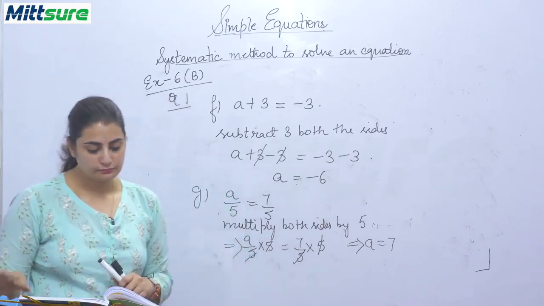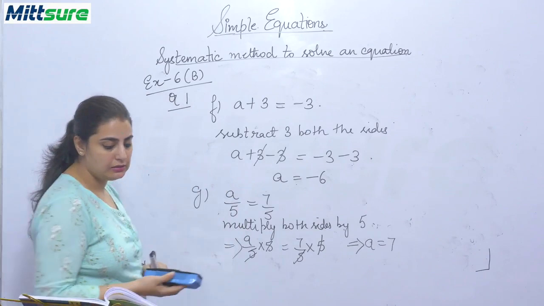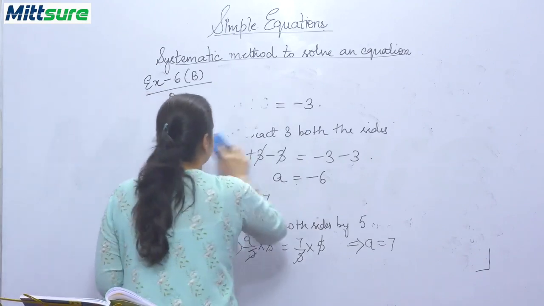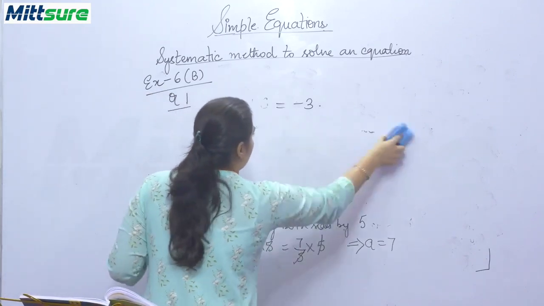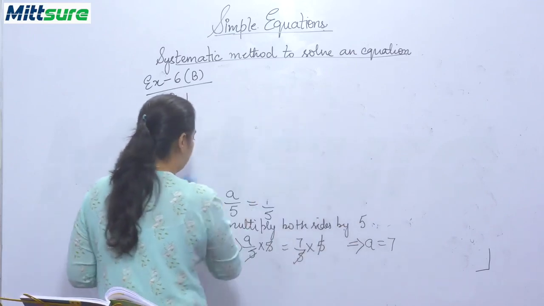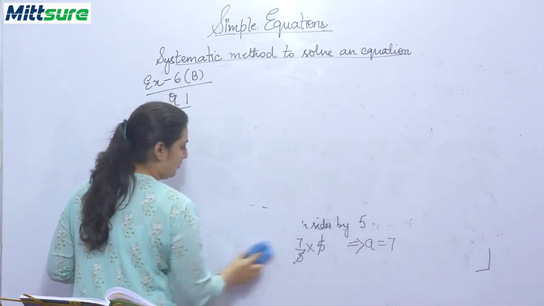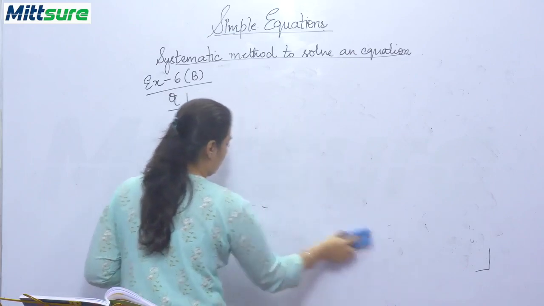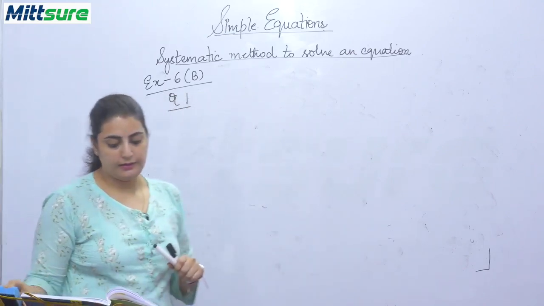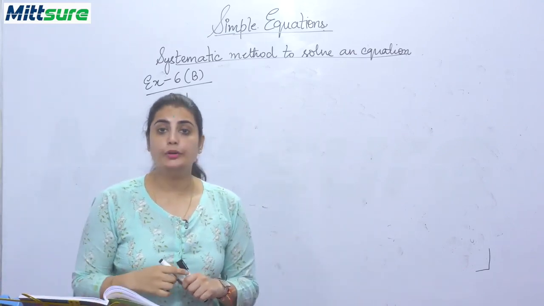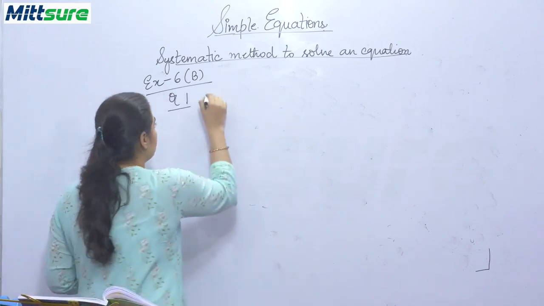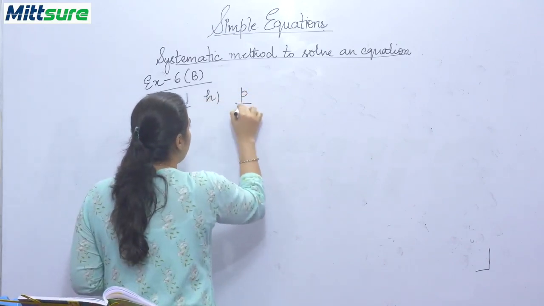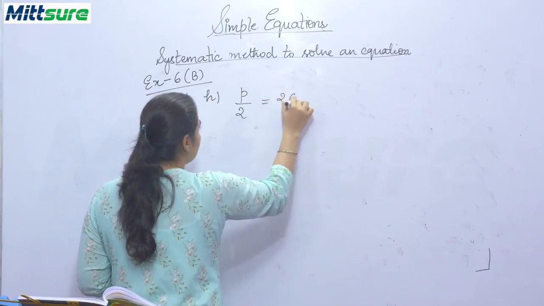Now, next question is H part. In H part, we have got P upon 2 equals to 26.